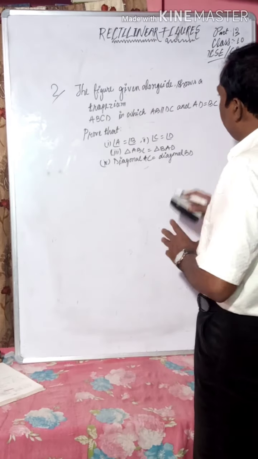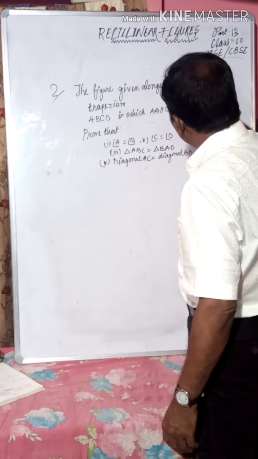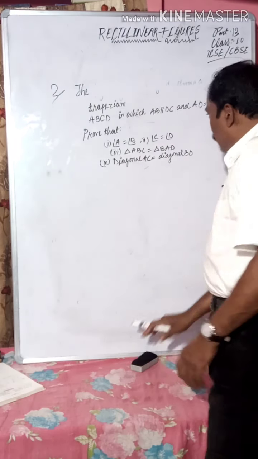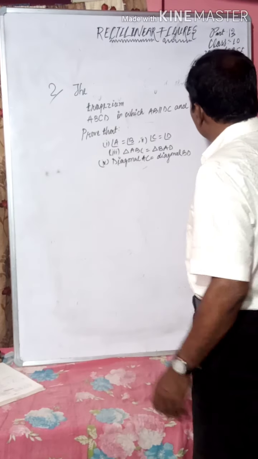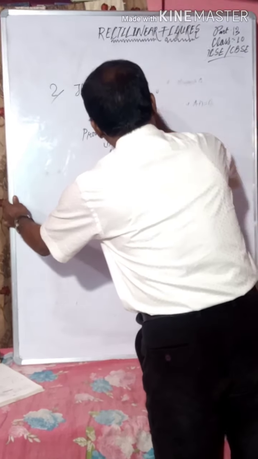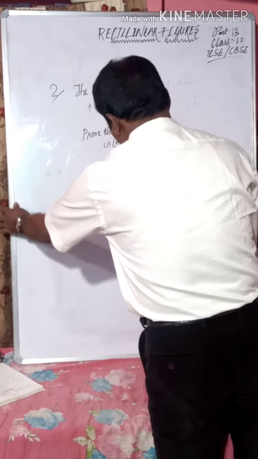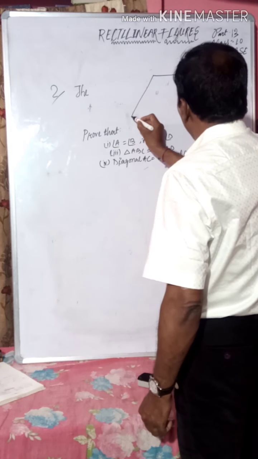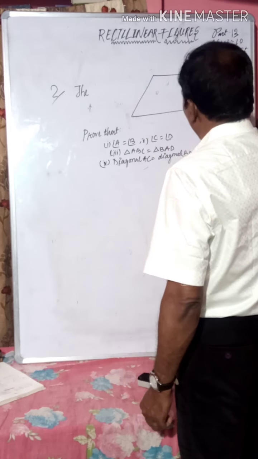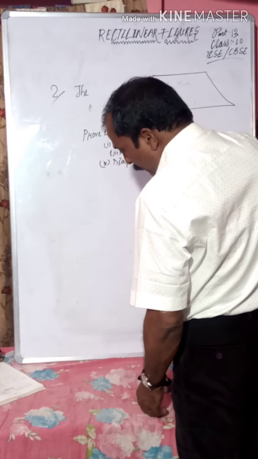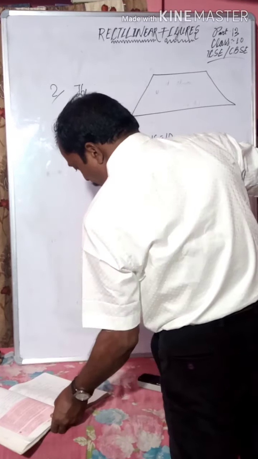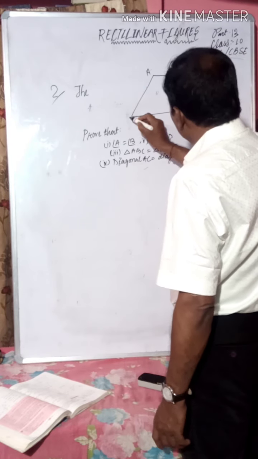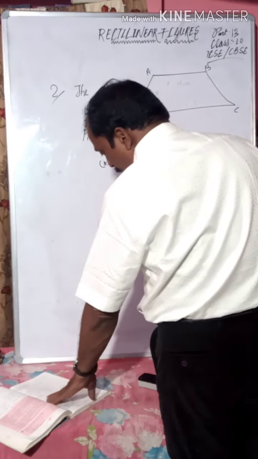So this is the trapezium A, B, C, D. ABCD is a trapezium.